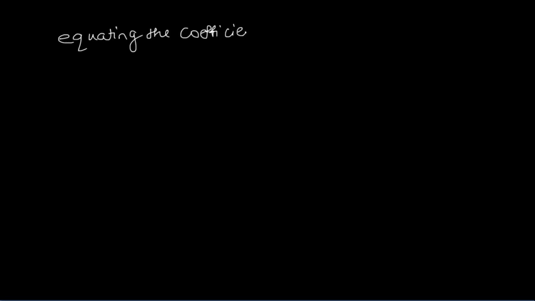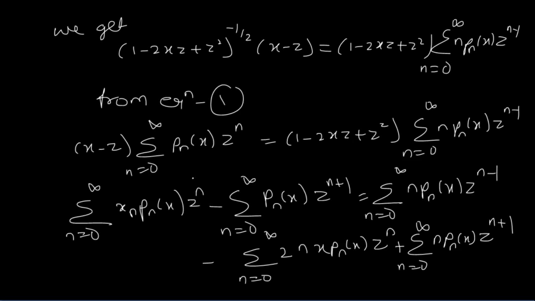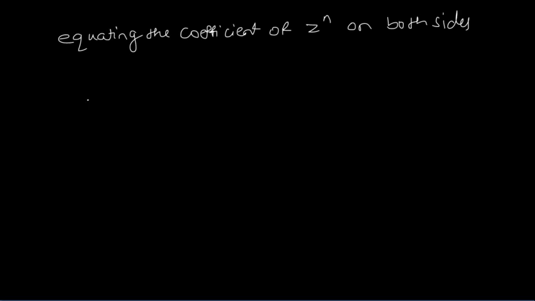So here there is a z raised to n term, so its coefficient is x raised to n Pn of x, right? So one we got. So first one is x raised to n into Pn of x.